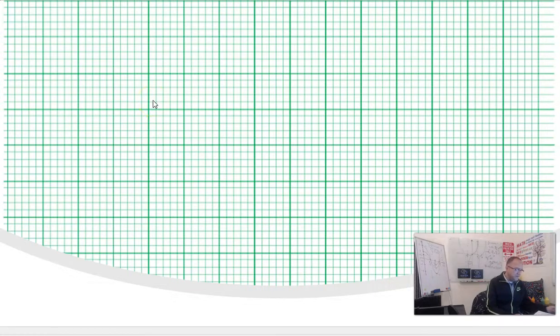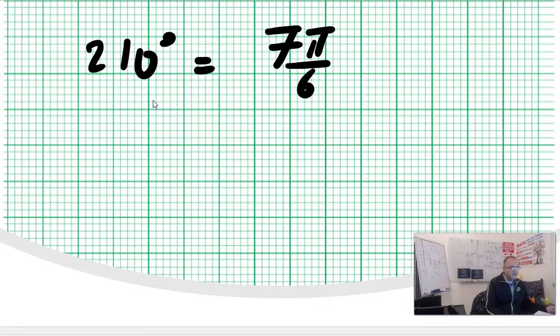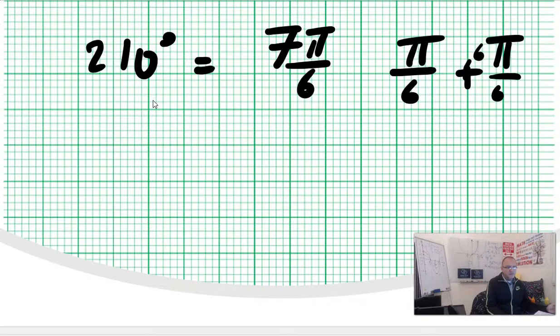How do you figure out that, for example, 210 is 7 pi over 6? I said you can think about it as going to quadrant 3 from quadrant 1. So if you start at pi over 6 and you add a pi, because you're going 180, this is 6 pi divided by 6. So that's why I got to 7 pi divided by 6.